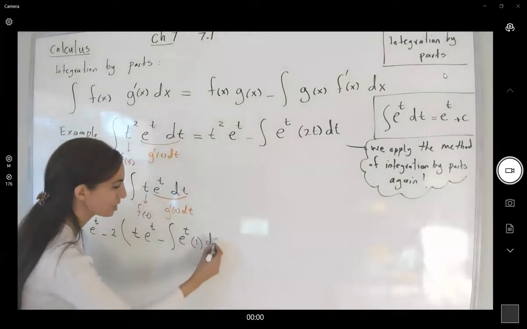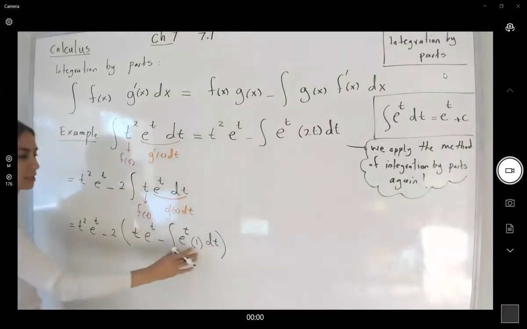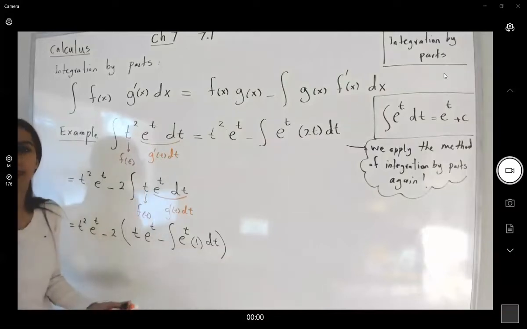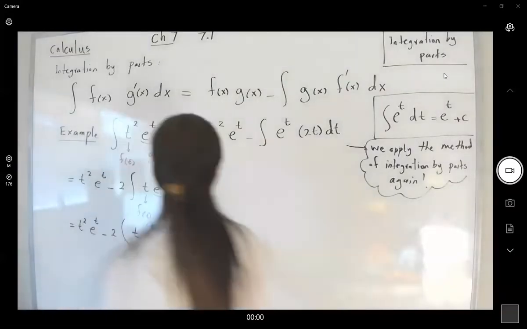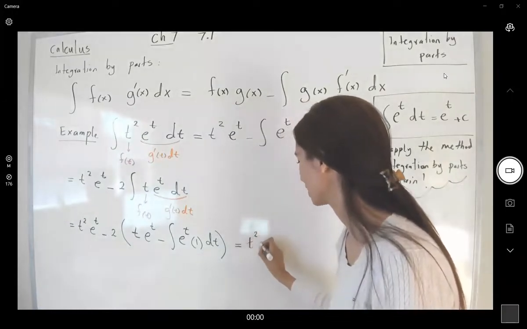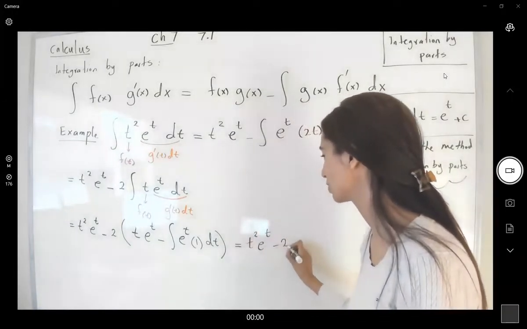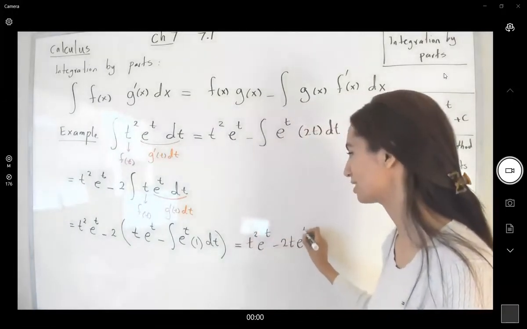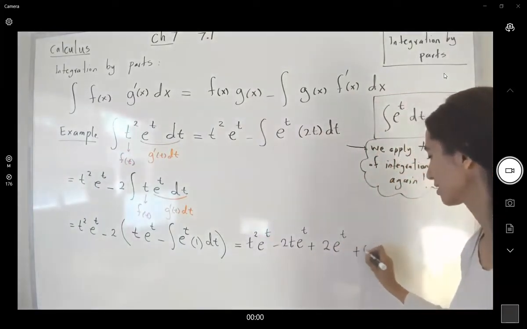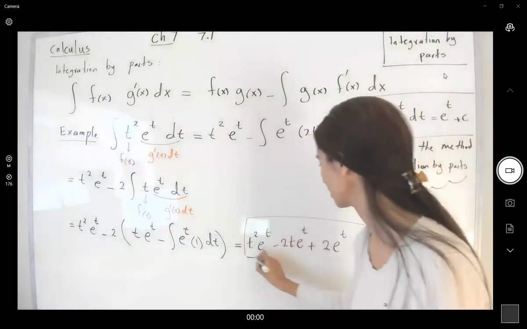Well, you're happy here. Why is that? Because we know how to calculate the integral of e^t, it's just e^t. So this integral is equal to t squared e^t minus 2t e^t plus 2 e^t plus constant of integration.